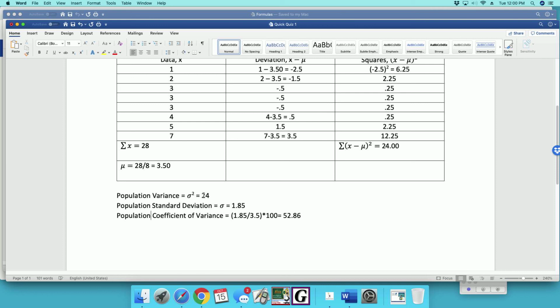And this one is the sum of the squares divided by capital N, which in this case is 24 divided not by 7, but by 8. So 24 divided by 8 is 3.00. And then the square root of 3, because we want our standard deviation, is 1.73.